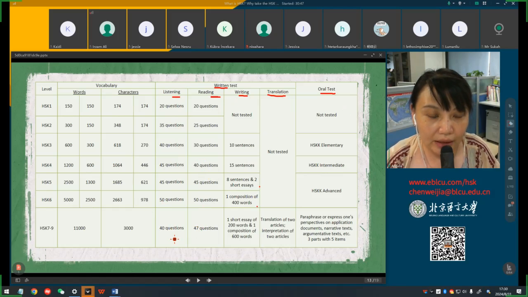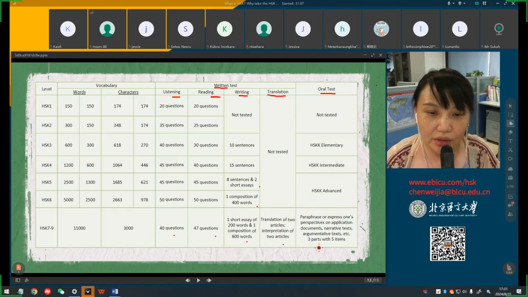And it includes listening, reading, writing, and also translation. There are 2 parts of the translation, translation by writing and also interpretation, like oral.